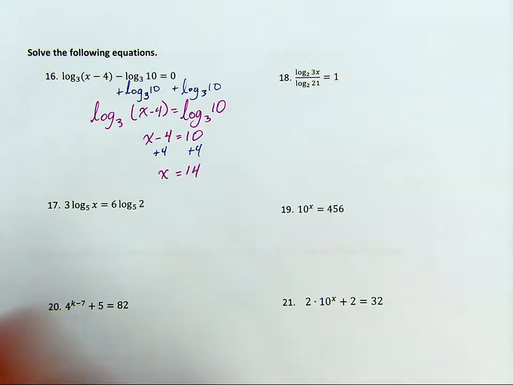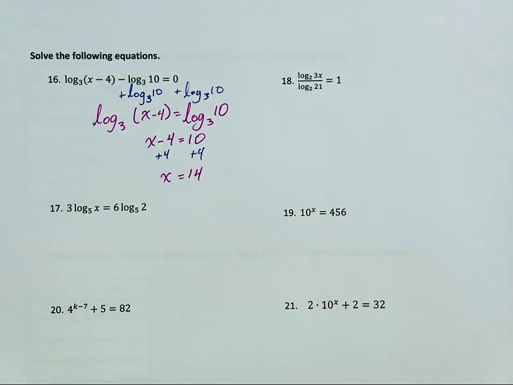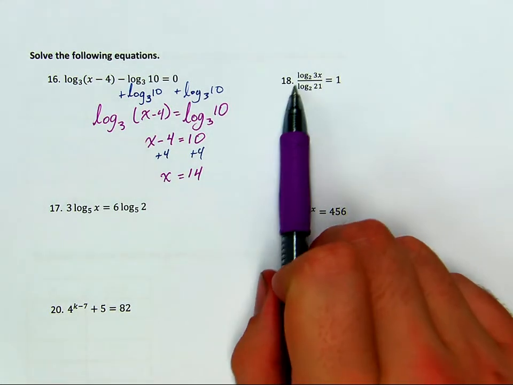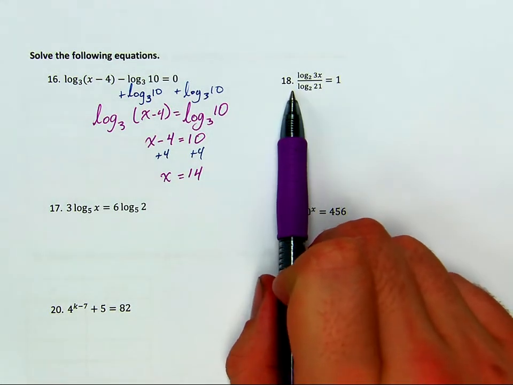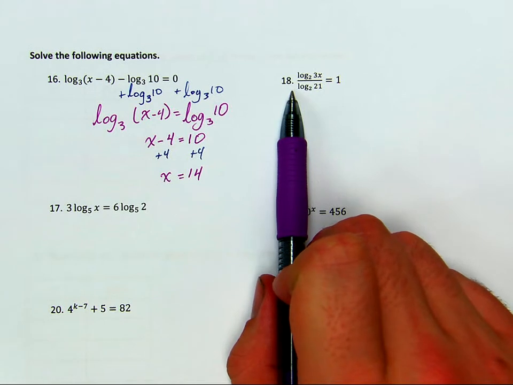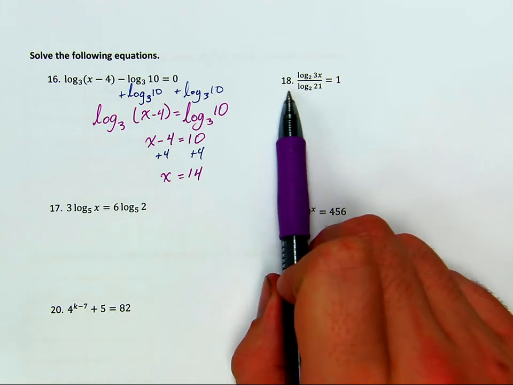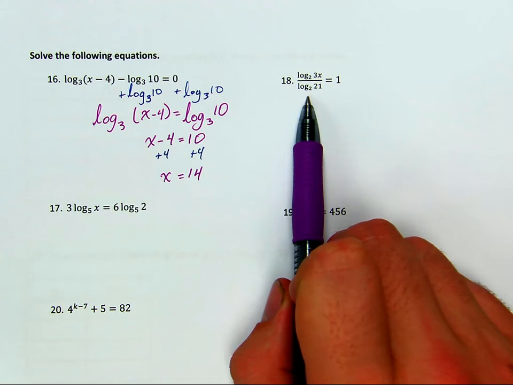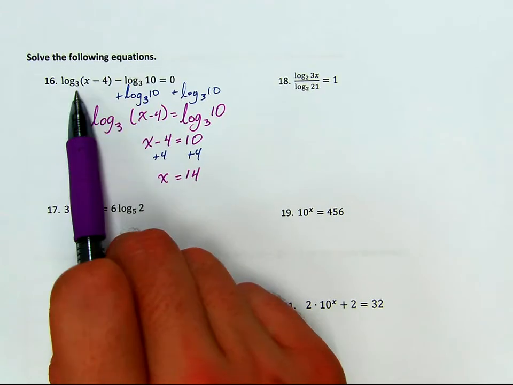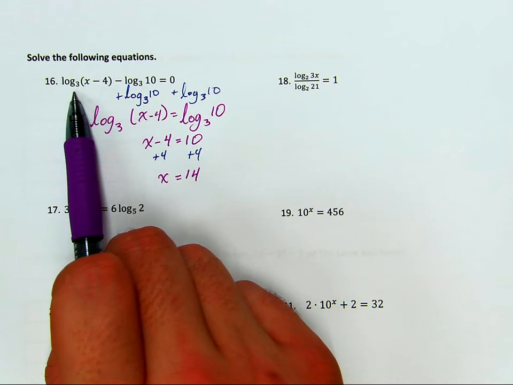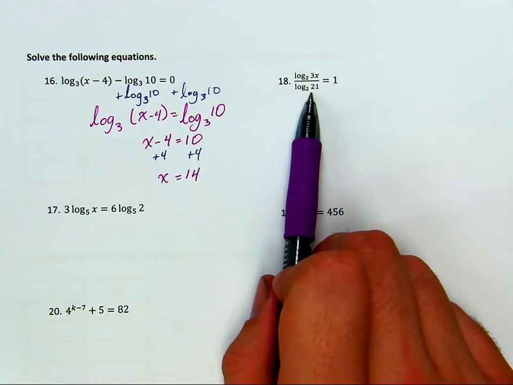Now, moving over here to number 18, keeping in mind that this is not properly numbered. Number 18, log base 2 of 3x over log base 2 of 21. Just like with number 16 over here, we don't want the two logs on the left side. So we have to move one of these logs to the other side. In order to do that, we're going to take this log that's in the denominator and multiply that on both sides.